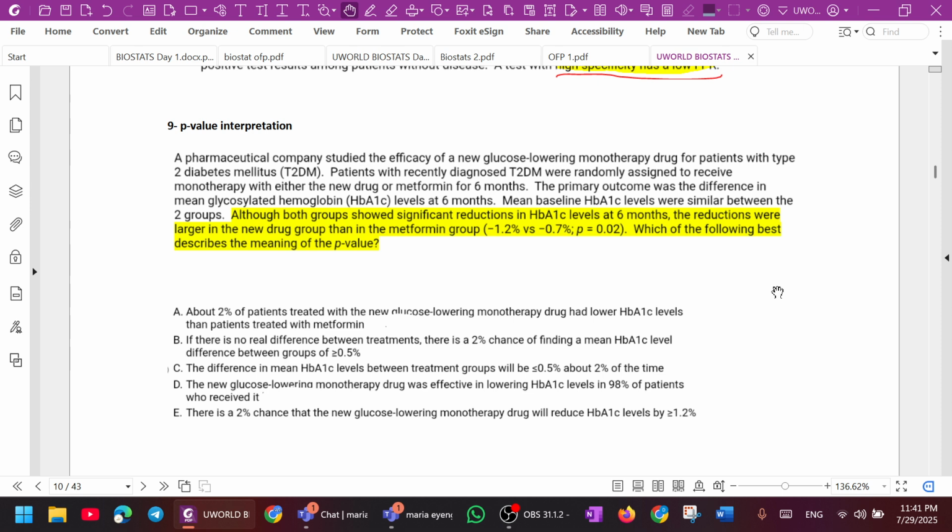Mean baseline HbA1c levels were similar between the two groups, although both groups showed significant reduction in HbA1c at 6 months. The reduction was larger in the new drug group than in the metformin group, minus 1.2% versus minus 0.7%. The p-value is 0.02. Which of the following best describes the meaning of the p-value?